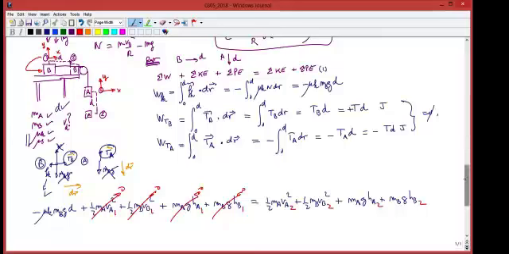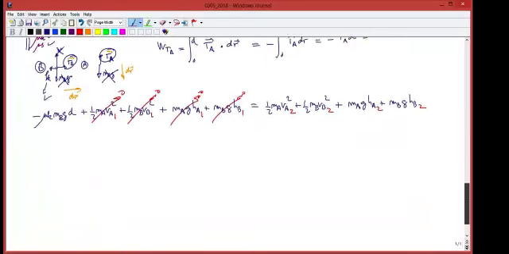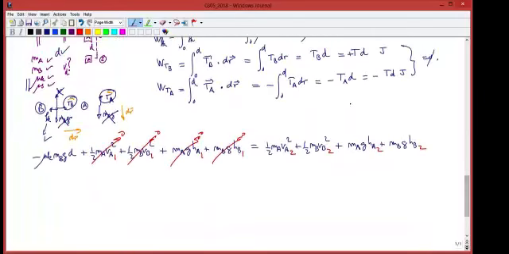All right. Let me duplicate my diagram. Right here. So we have B, we have B, we have A, and we have A. That's position 1, 2, 1, and 2.